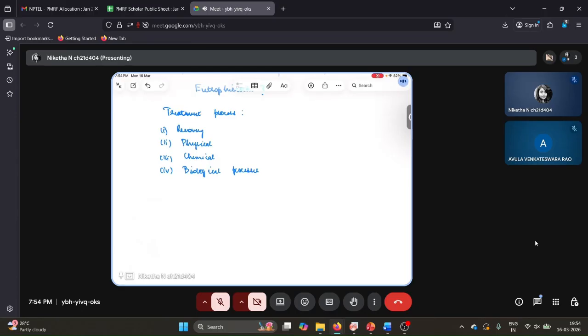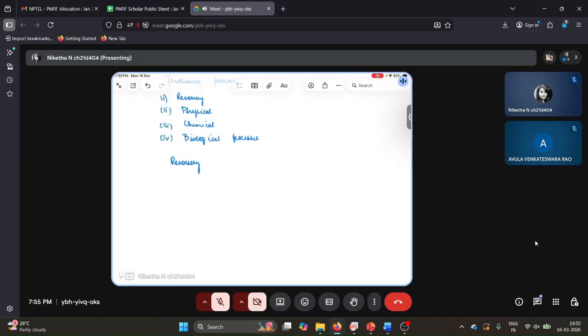Okay, so the first step of the treatment process is recovery. Recovery is usually done to reuse within the same batch for production. For example, we recover lignin and lime.